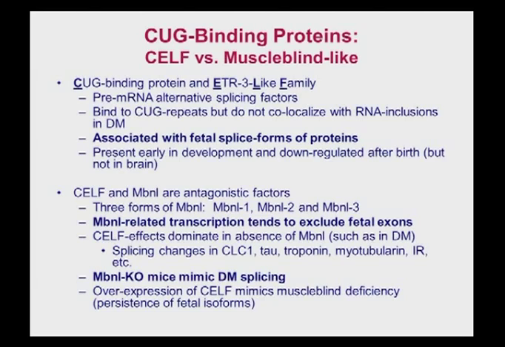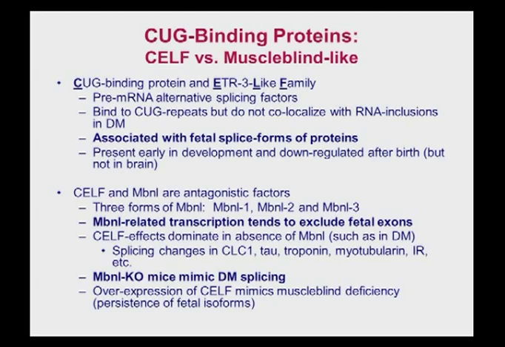And these are basically splicing factors, proteins that are related to splicing of message. The CELF protein binds to CUG repeats in the transcripts, but it doesn't seem to co-localize with the RNA inclusions. So we don't see that protein accumulating in those RNA inclusions.